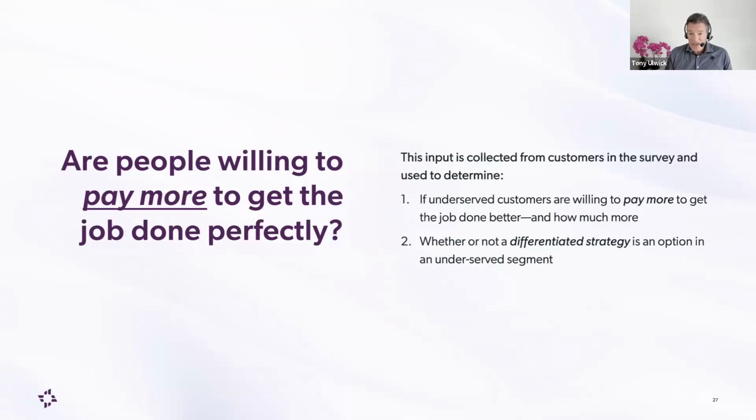So in the surveys, we're asking this to see if customers will pay more, and how much more. The reason we're doing this in the surveys is to have this piece of information as to whether or not a differentiated strategy is an option in an underserved segment. What we learned over the years is that it's not, right?